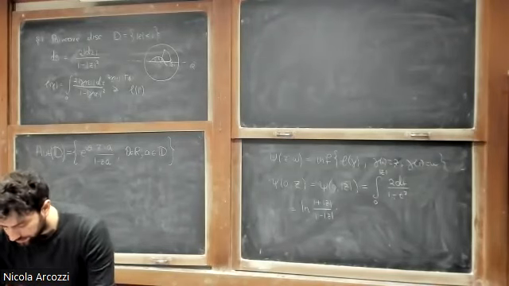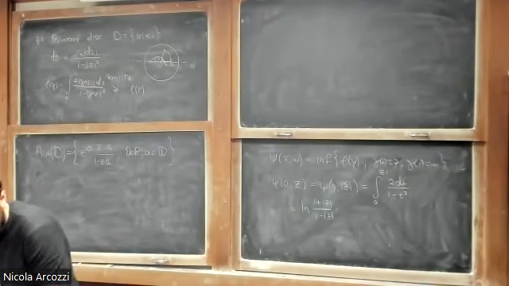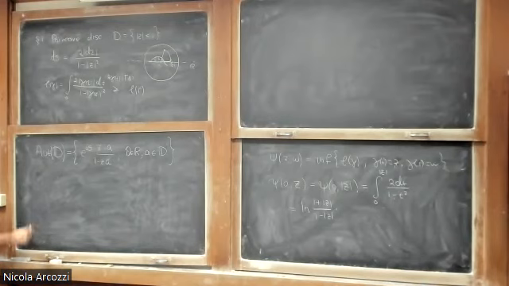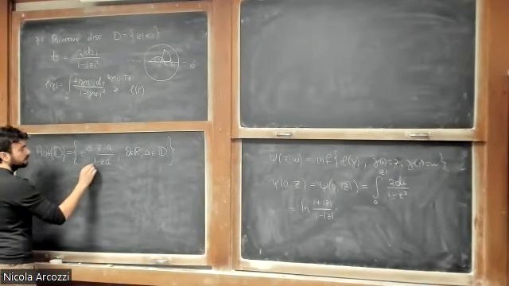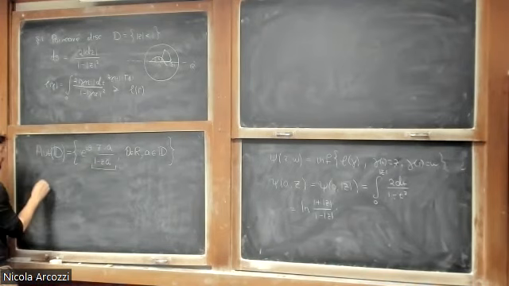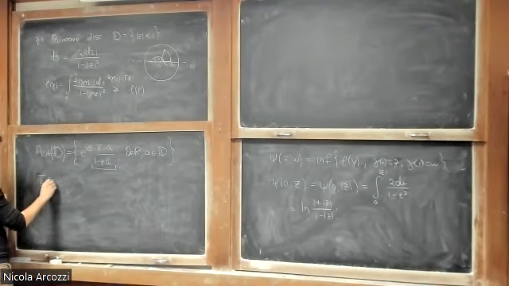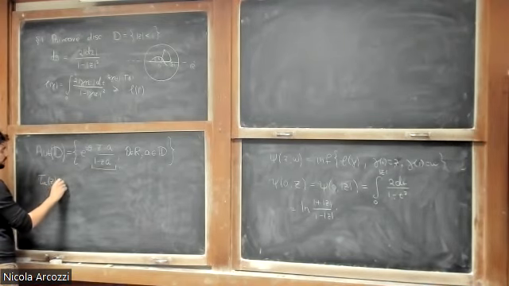I will use a special notation for this. We denote by tau_a this transformation that appears here.